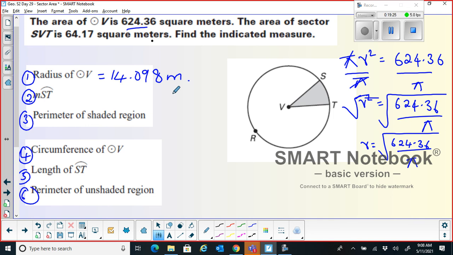Next they are asking us to find the angle made at the center, this particular angle. To find that, let me use a different color.